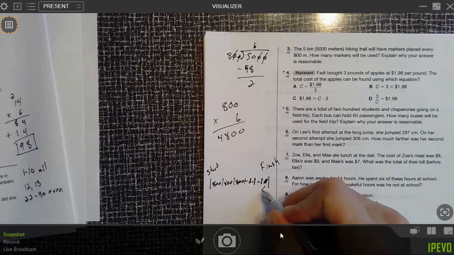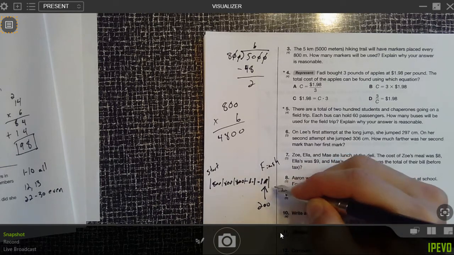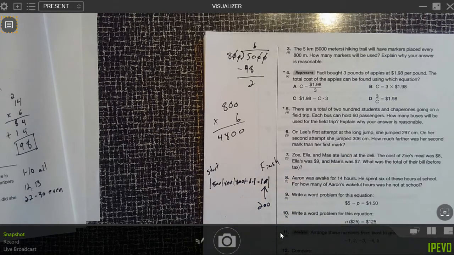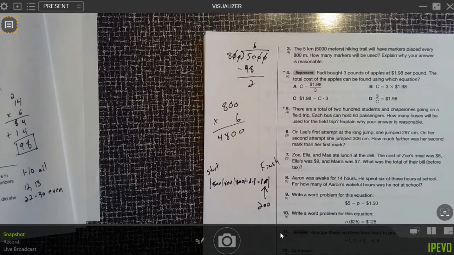This last bit is only 200 meters difference, okay? But there's no reason to use an extra one because we have the finish line. The finish line will count as their final marker. That's my reasoning. If you want to say 7, because you assume the finish line needs a marker, that would also make sense, as long as you go through and explain your reasoning.